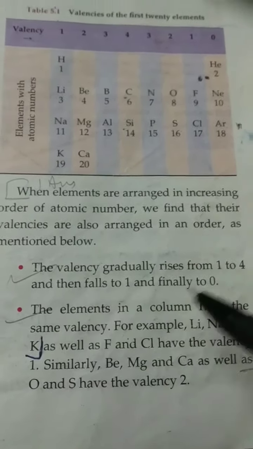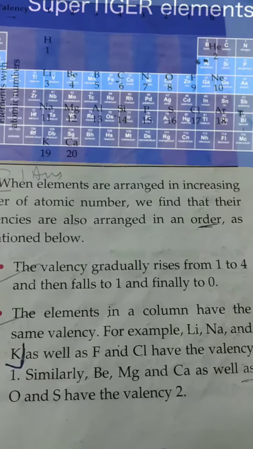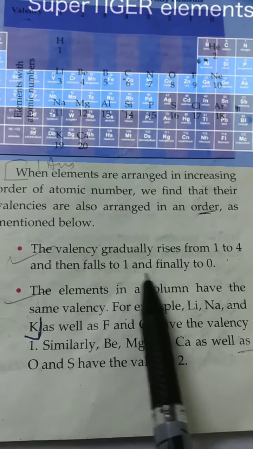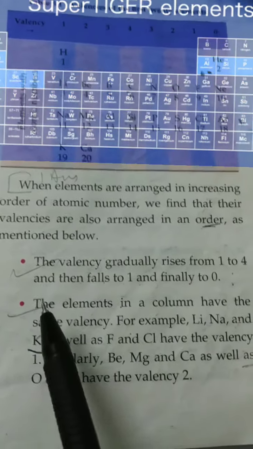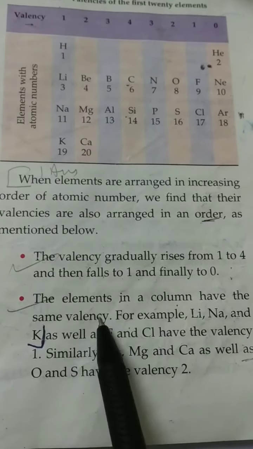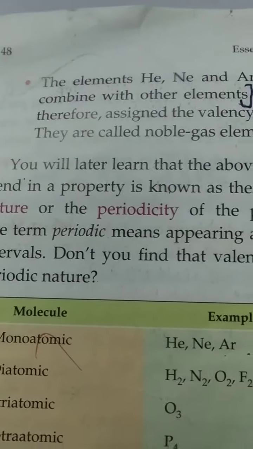First point, the valency gradually rises from 1 to 4 and then falls to 1 and finally to 0. Second point, the elements in a column have the same valency, for example lithium, sodium and potassium.